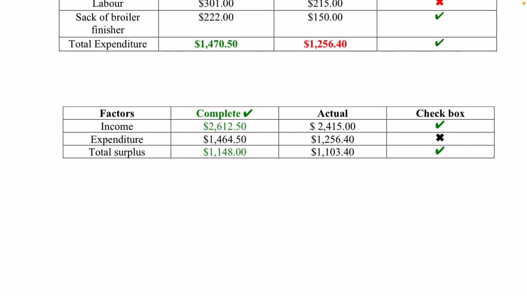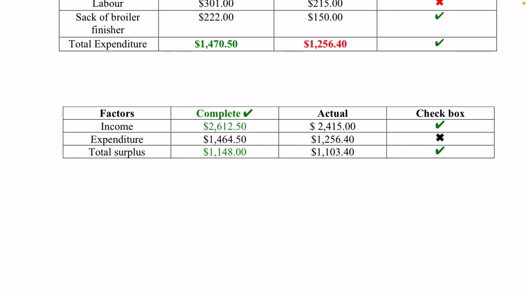Hence, a lower expenditure will increase, in the end, the amount of money that you make as your profit. So we do not use this in our comparison because this is not a supporting detail.